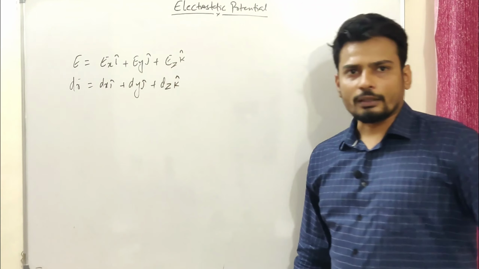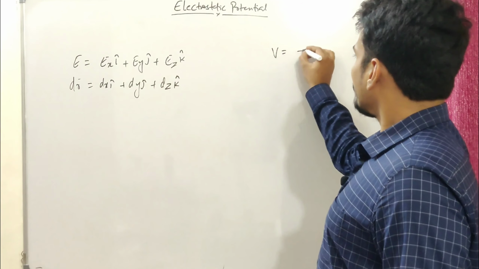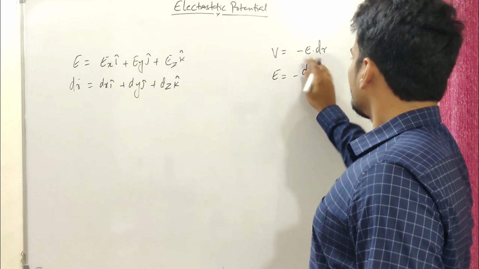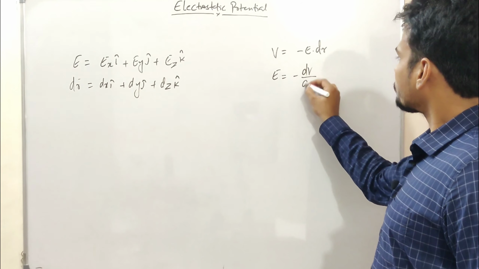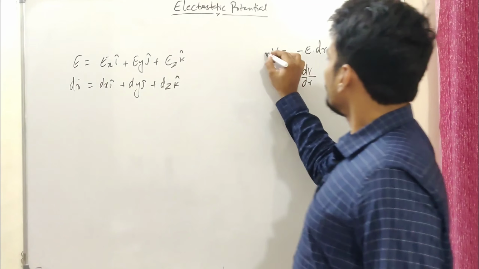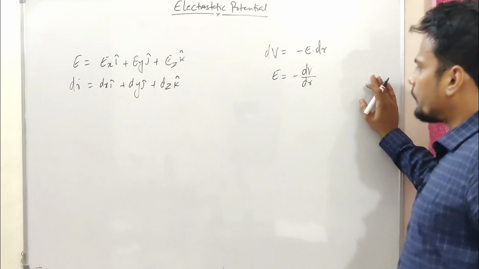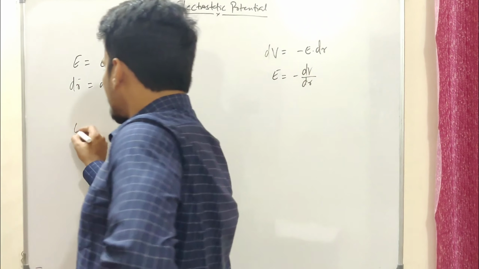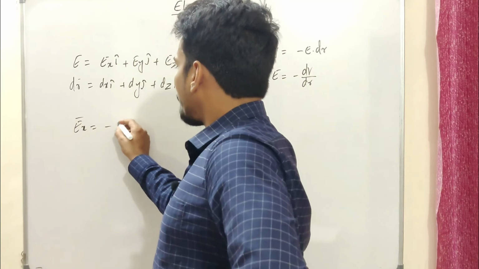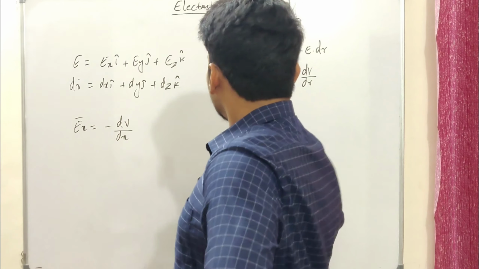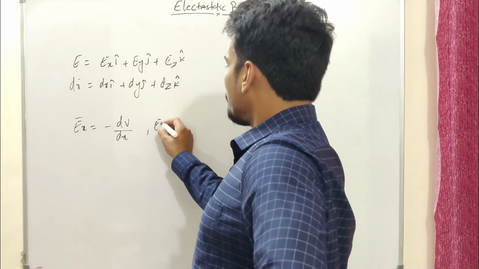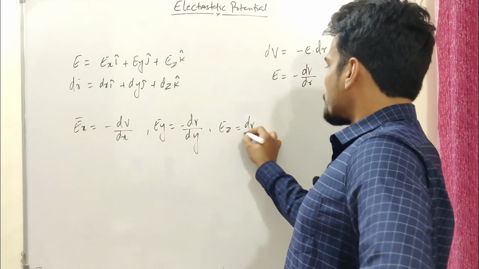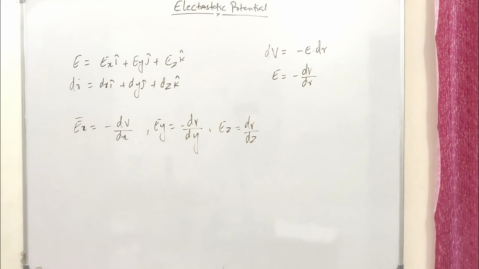We know that V is equal to negative of E dot dr. It means E could be given as negative of dV by dr, so small dV is equal to minus E dot dr. If I want to find Ex, if the charge is moving along the x direction, then Ex should be nothing but minus of dV over dx. Likewise, Ey should be negative of dV over dy, and Ez should be negative of dV over dz, the change in potential along the z direction. Simple as that. Fair enough, guys.